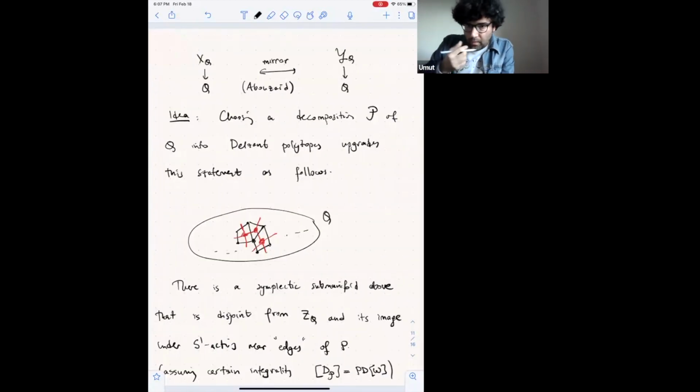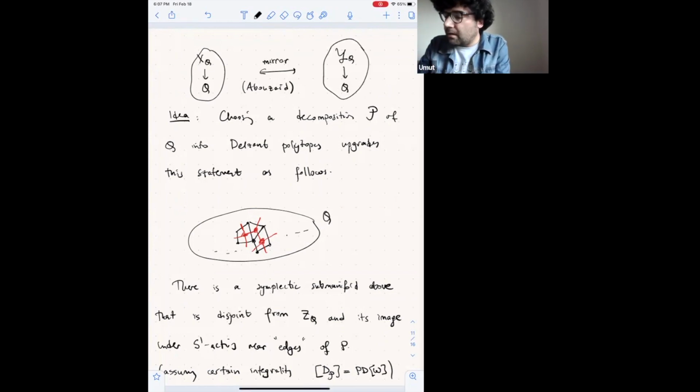It's a more or less established thing that the symplectic side of this X_Q is mirror to it. Mirror is very vague, but Mohammed has some very explicit statements. Given a Lagrangian here, you can define a coherent sheaf on this, and in fact, you can extend it to a functor from the Fukaya category to the category of coherent sheaves and so on. So it's established that these two are mirror.